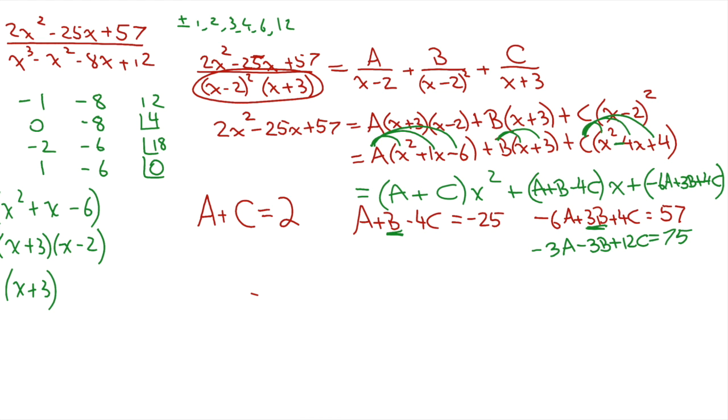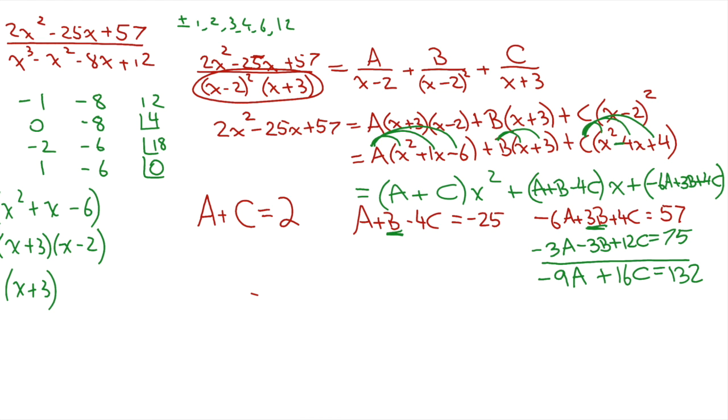Upon doing that, it's not going to be pretty. Negative 9A, the B's go away, plus 16C is equal to 132. And that gives you an equation in terms of A and C.